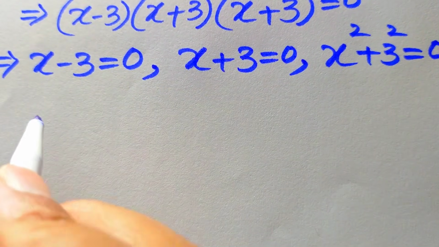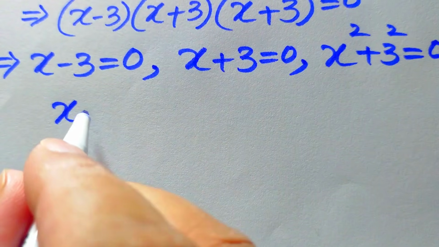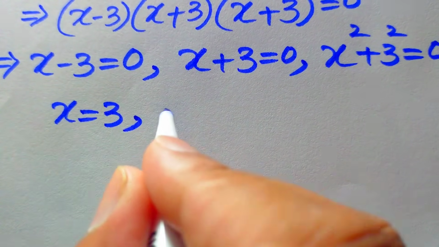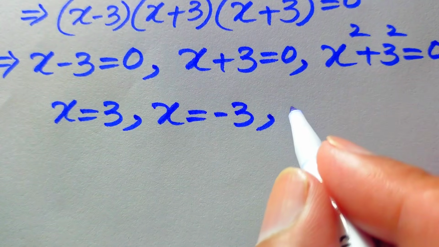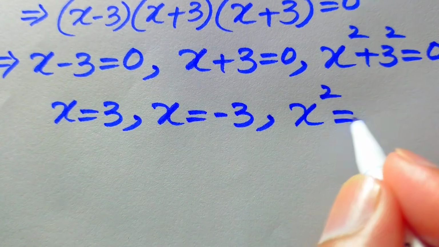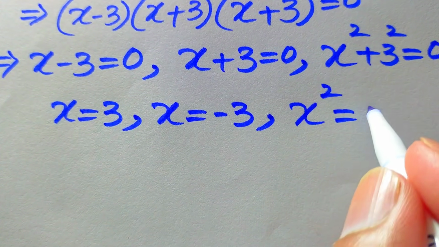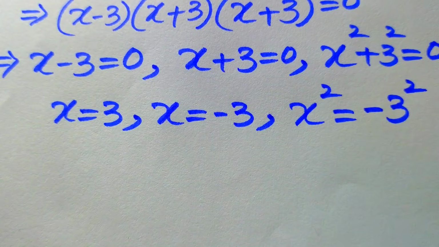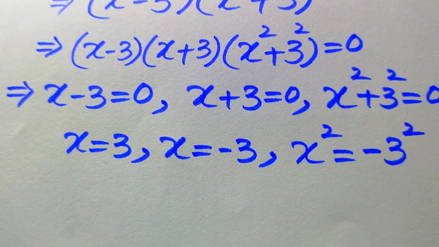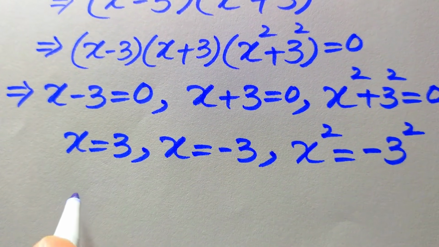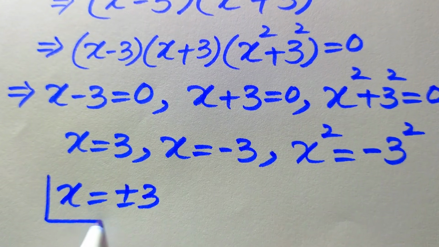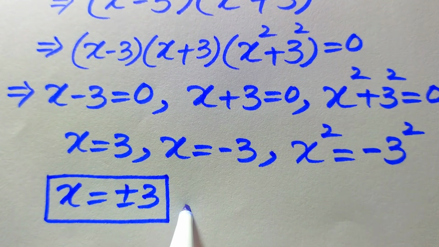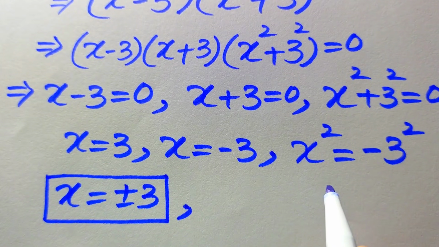From the first case we easily get x equals 3. From the second case we get x equals minus 3. From the third case we move the term 3 squared to the right hand side, and we get x squared equals minus 3 squared. So these are the two real roots, x equals plus or minus 3, and now we need to solve this equation to get the other roots.